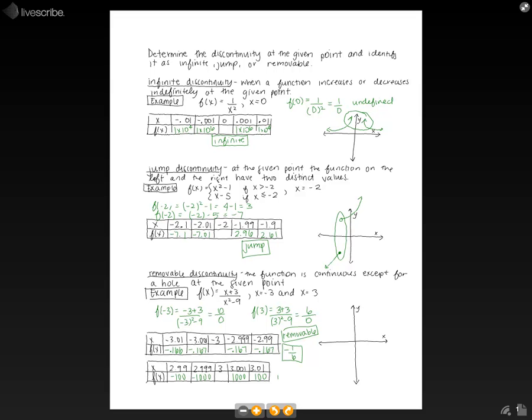So this must be an infinite discontinuity at 3. So when we draw our graph, we will have something that looks like this. There's a hole at negative 3, and continuing on.